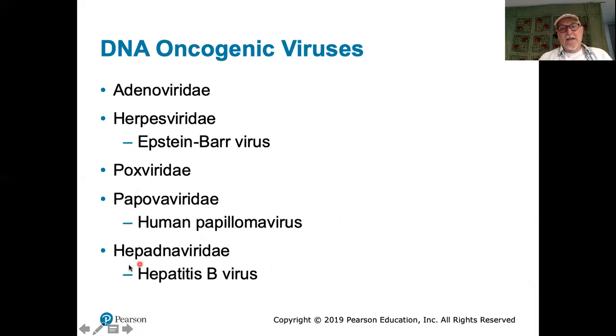Now, this is another group, a very strange group of viruses called the hepadnaviruses. And they can cause hepatitis. It's a relatively mild hepatitis. In fact, it might even be asymptomatic in some people, but eventually it can cause liver cancer due to the oncogenic activity of the hepadnavirus.